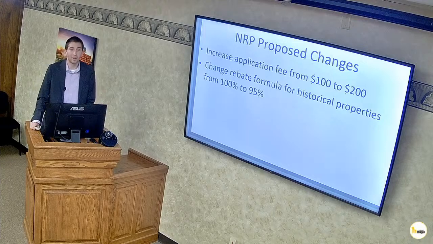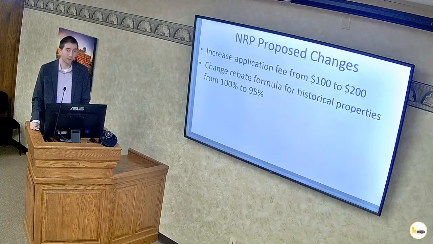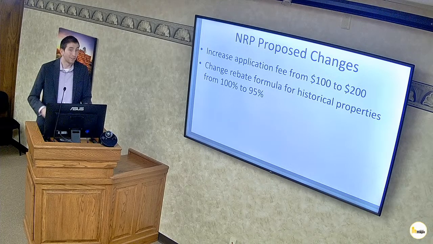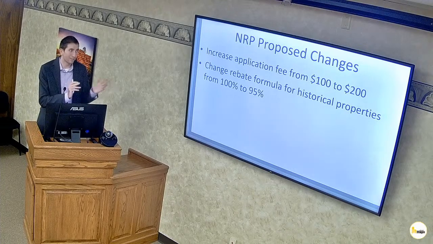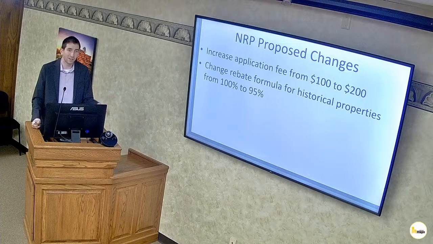I imagine in the years since, according to county staff, there hasn't been a ton of usage on that side of things in terms of historical properties that are trying to take advantage of it. And so for those that do, it's just easier from an administrative side, they can easily keep track if they know it's just 95% versus having to check 100 versus 95 or 65 or whatever.